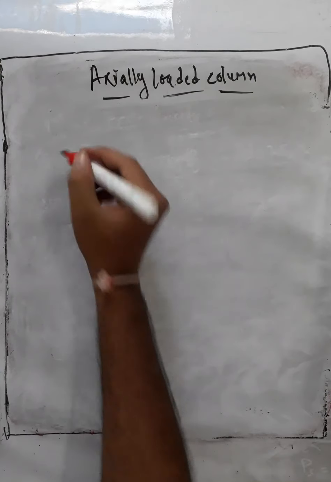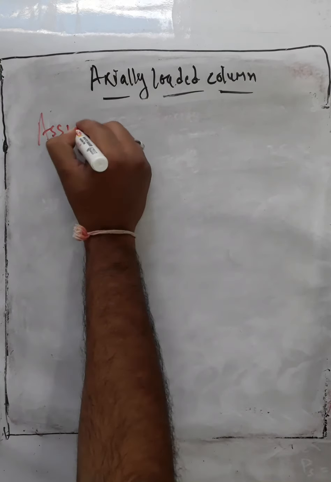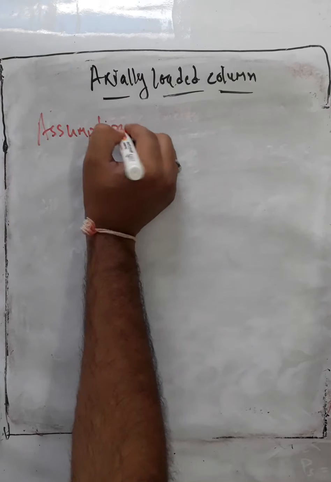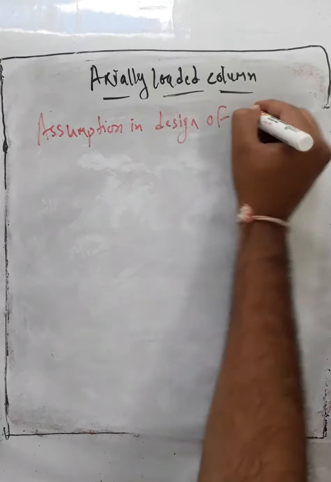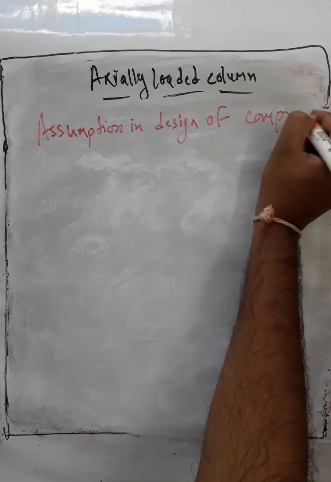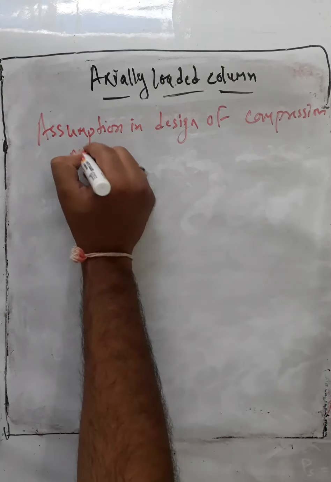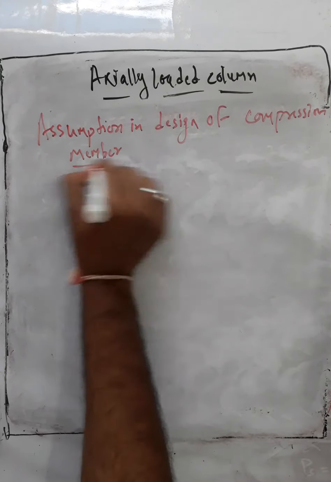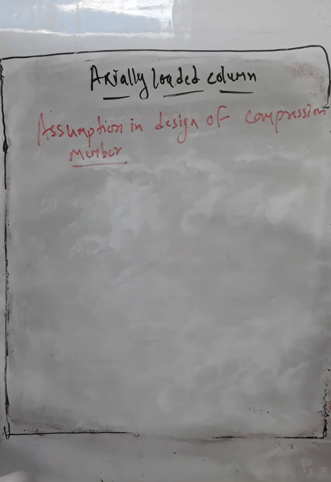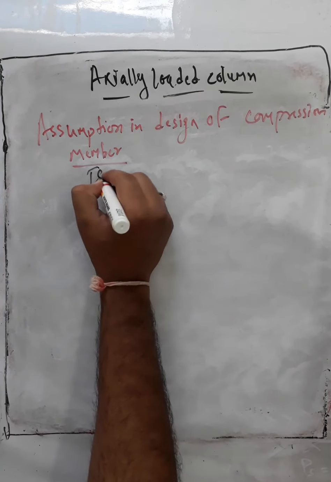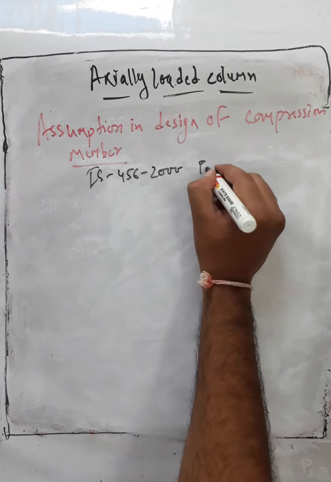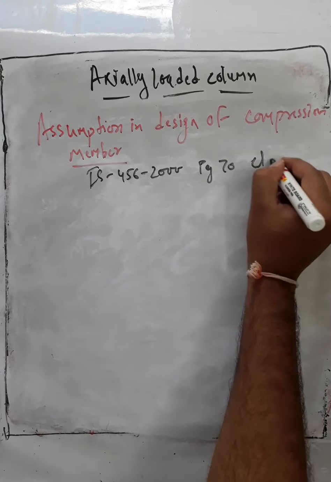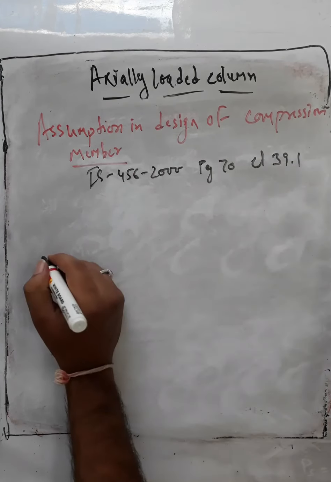Now the last topic of this lecture is assumptions in design of compression member. Okay, so this is given in our IS 456 2000 page number 70 clause number 39.1.